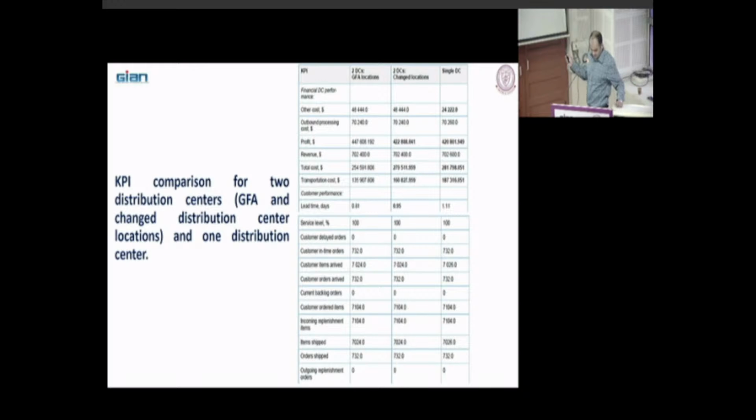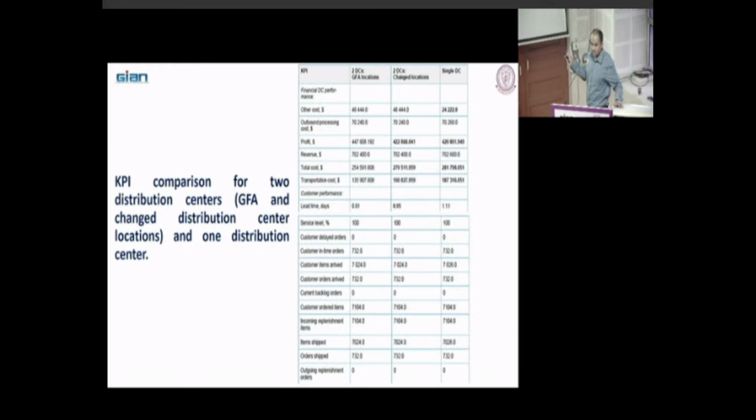What has changed in the second case? Your profit went down, 422. Demand remained same. Why did profit go down? What is the difference between first and second? Why did it change? Because of location. Because here we consider the exact location. Here we slightly changed the location, and because of that you can see it affected the transportation cost.